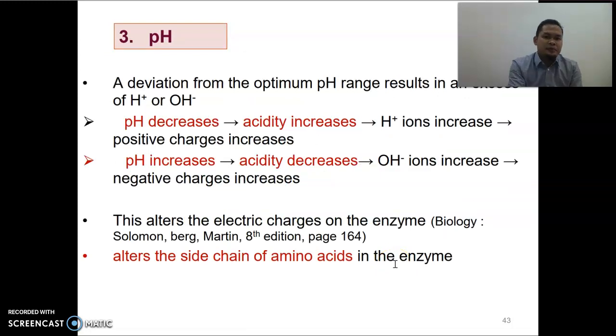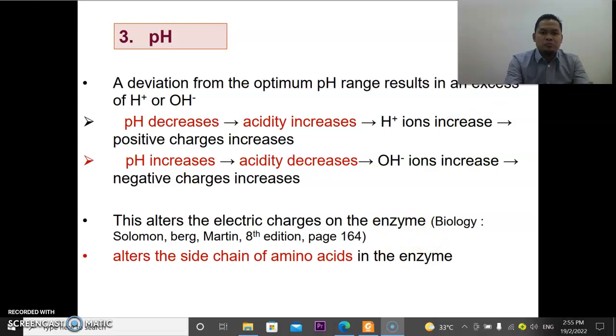So kita lihat kepada bagaimana keadaan pH ini akan mempengaruhi the rate of reaction. Apabila pH ini decrease ataupun increase, dia akan menyebabkan perubahan charge itu berlaku. So apabila perubahan charge ini berlaku, dia akan alter electric charge of the enzyme. So they will alter the side chain of amino acid in the enzyme.